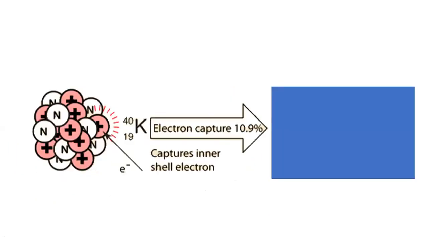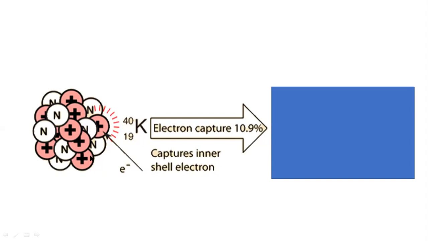So here there is an exercise, in the similar way we have discussed before in the other decay processes. If this is potassium with electron capture, capturing the electron from the inner shell, that means from the K shell, then what would be the daughter nuclide over here?